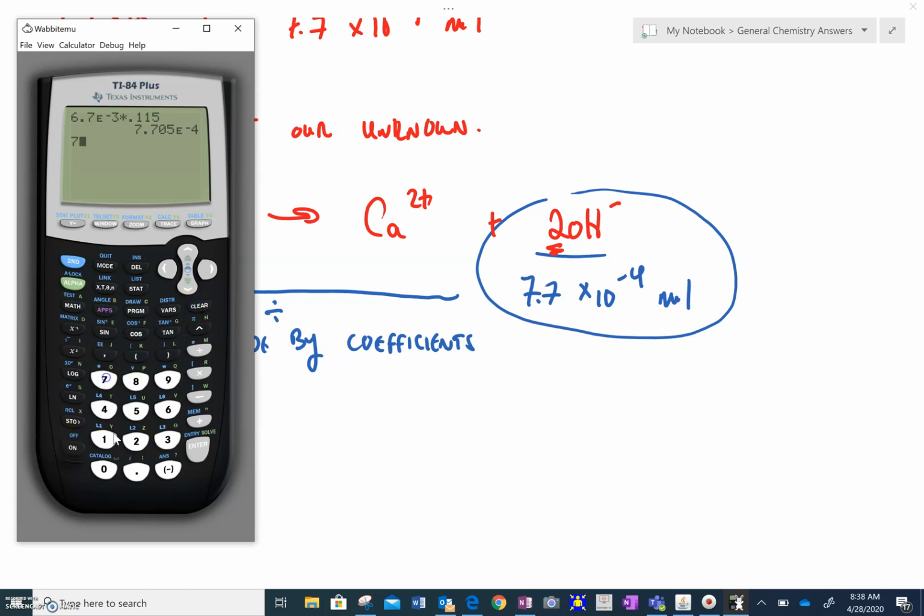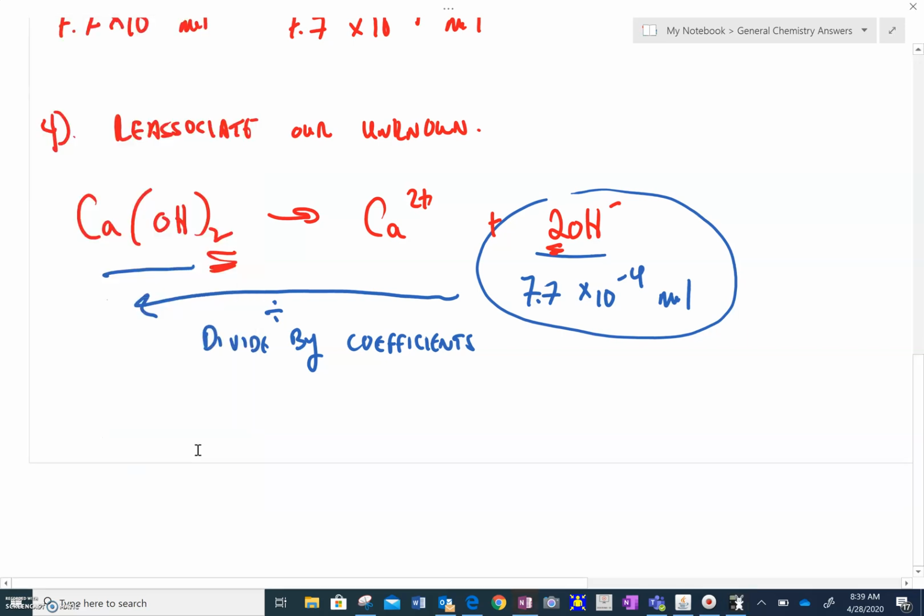We're going to say 7.7 times 10 to the negative 4 divided by 2. There we go. This is our moles of our reassociated unknown. 3.85 times 10 to the negative 4. Let's round that up to 3.9 times 10 to the negative 4.